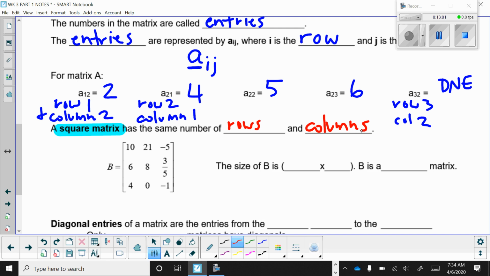So this matrix B is square, and its size, remember, other words for size are order and dimensions. Those are all interchangeable. And so the size of this matrix B is 3 by 3 because there are 3 rows and 3 columns, and it definitely is a square matrix.